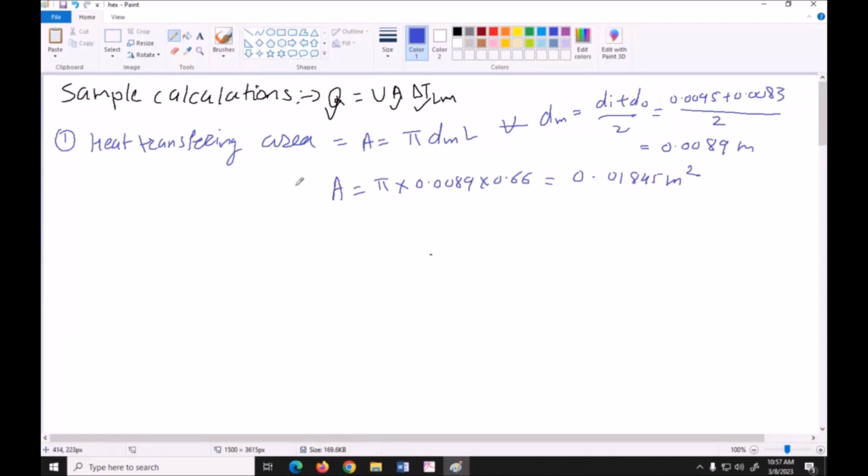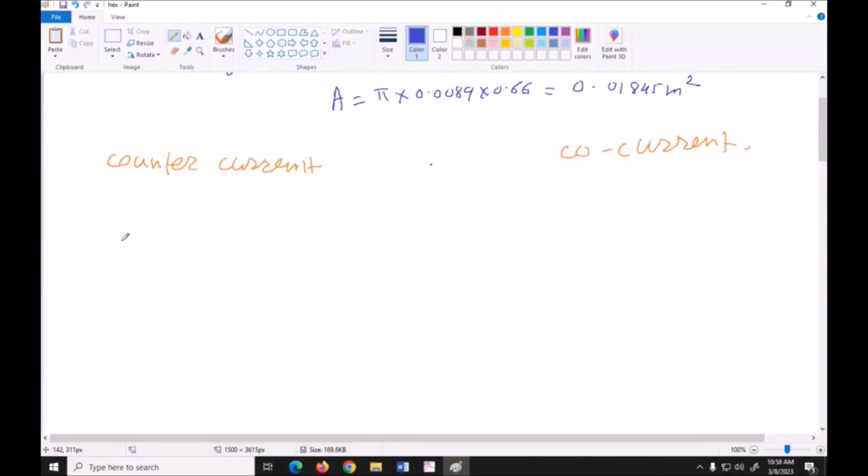Next I will find the average temperature of hot water and cold water, for counter current and co-current: T average of hot water, THavg, and TC average, TCavg. For co-current also we can find it, and it is almost the same.